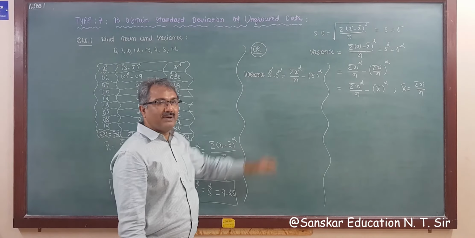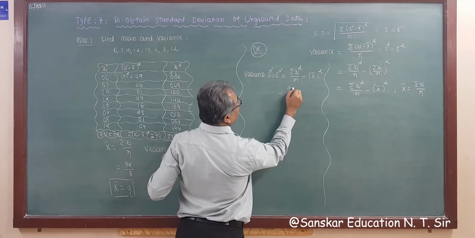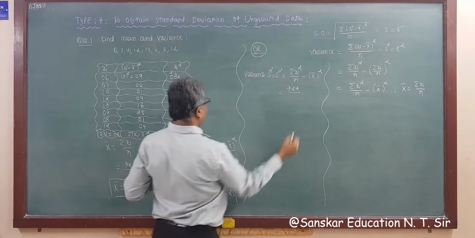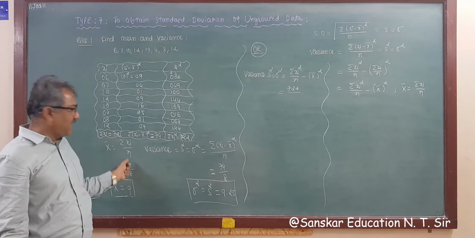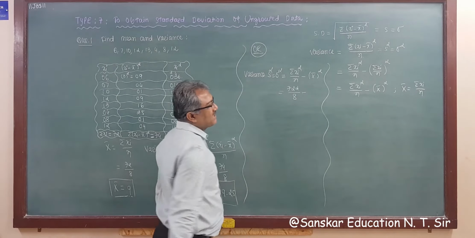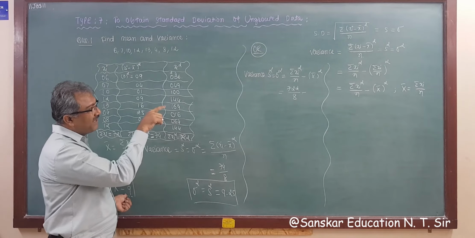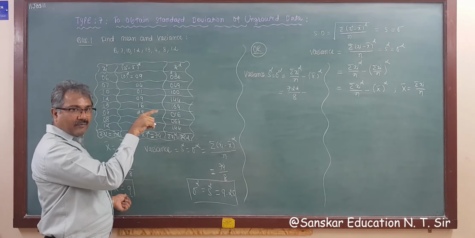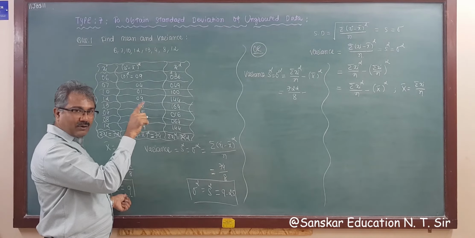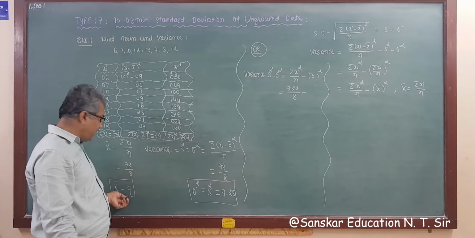So applying this formula, substitute the value of sigma xi square. Putting the value, this is 722 divided by n, the number of observations, which is 8, and minus x bar. We have already found x bar here, so I am not finding it again.